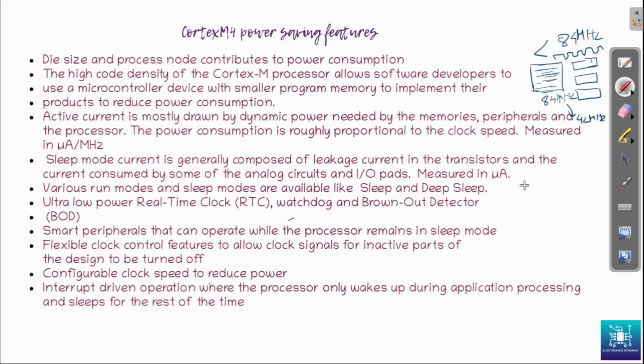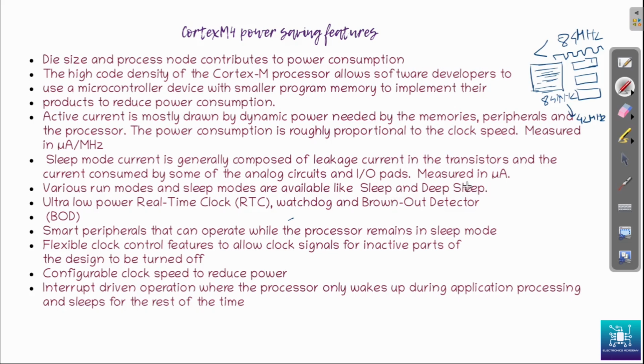Various run modes and sleep modes are available, like sleep and deep sleep for the Cortex-M controller. In deep sleep mode, a greater portion of the SoC will be turned off. In sleep mode, maybe a few parts of the processor would still be active, and deep sleep will consume even less power.